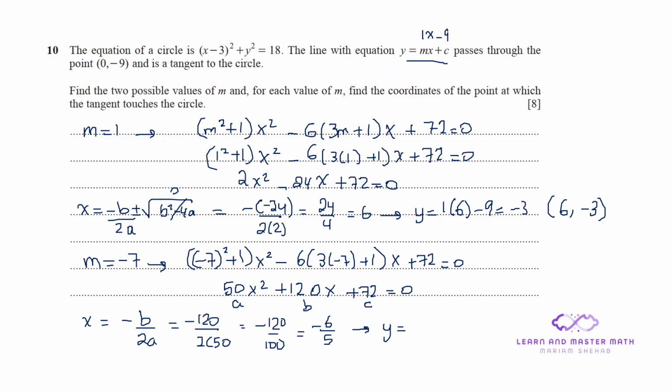Replace m here by -7, so negative minus 6 over 5 minus 9, which gives a negative 3 over 5. So the second coordinate here is when x is minus 6 over 5, we got minus 3 over 5, yes.